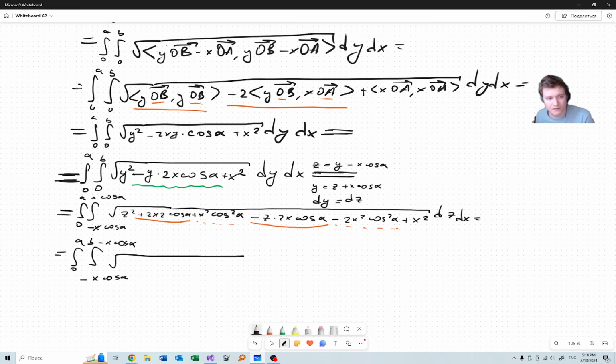So now we have z squared plus x squared times 1 minus cos square alpha.